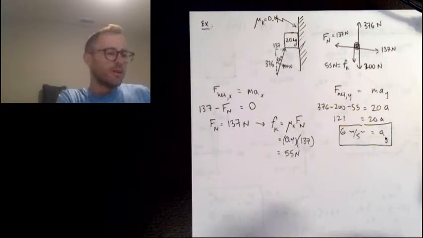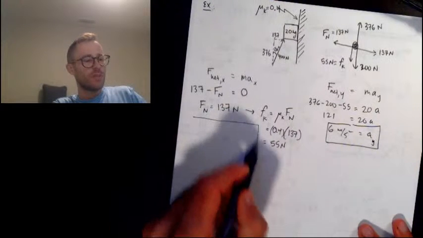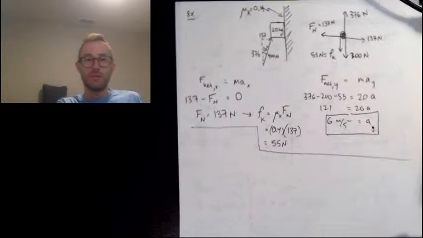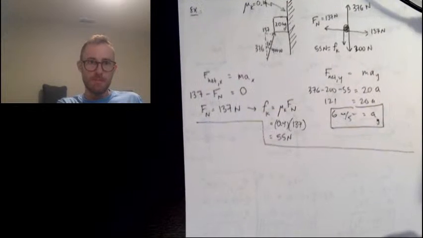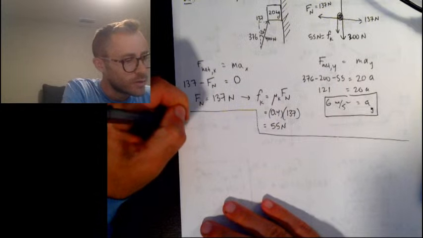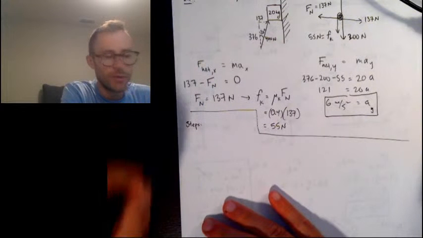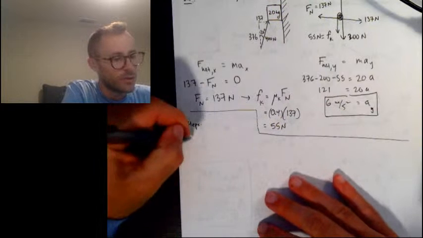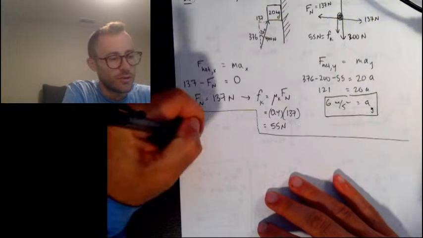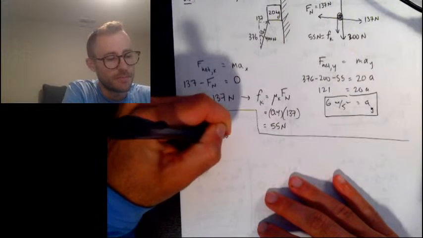Okay? So let me recap the steps when you're solving these two-dimensional force problems, and then we're going to do one last example. So here are the steps. The first step is going to be to draw the free body diagram.